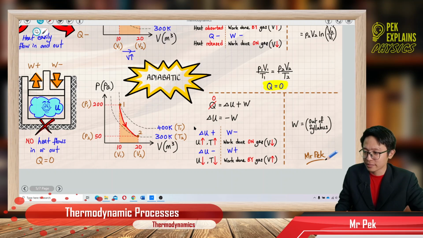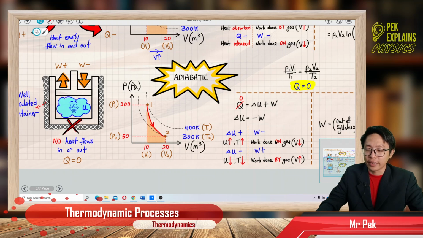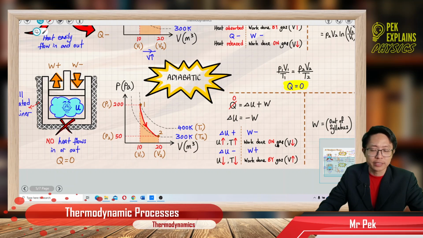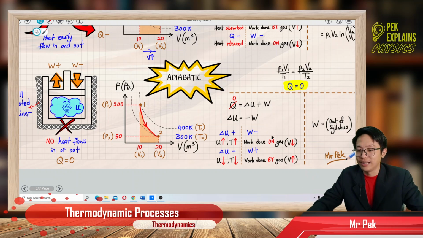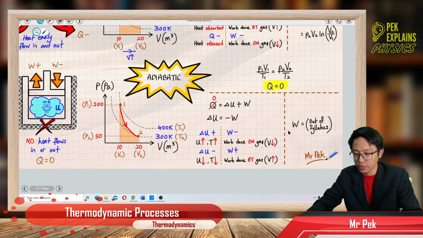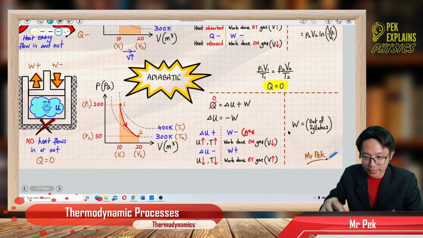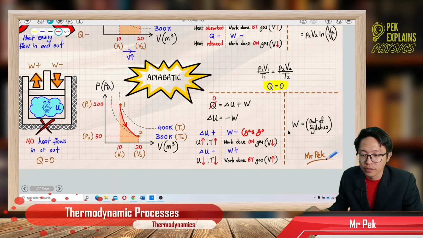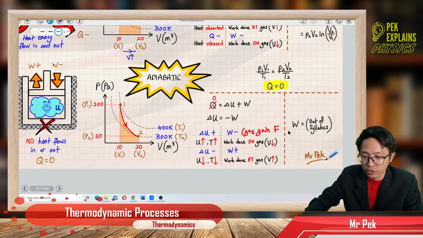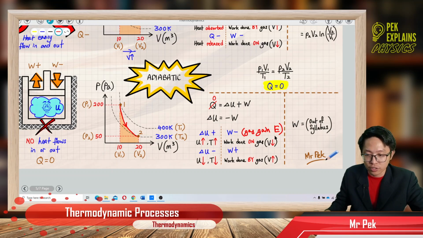Work done on gas, what does it mean? Does the gas gain energy or lose energy? You learned this in previous videos. When work is done on gas, the gas gains energy.